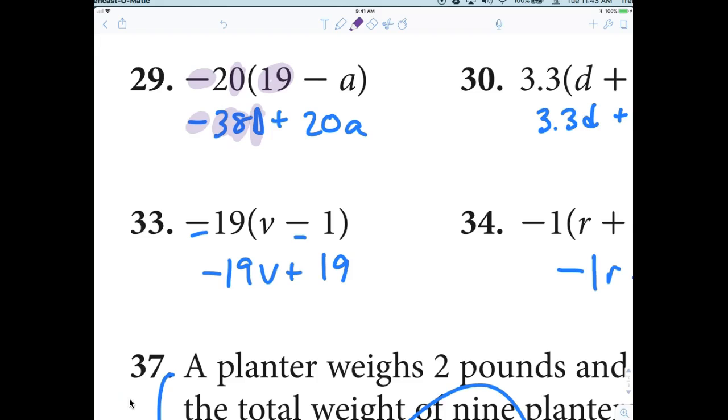All right. Now I'm going negative 20 times negative a. And a negative times a negative is a. You with me? So you happy with that explanation?